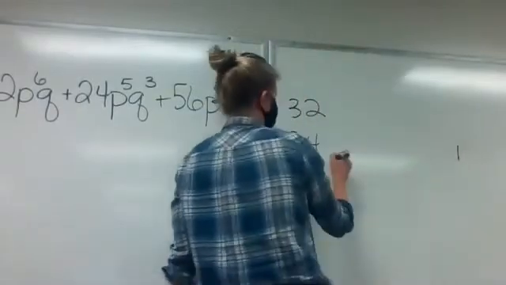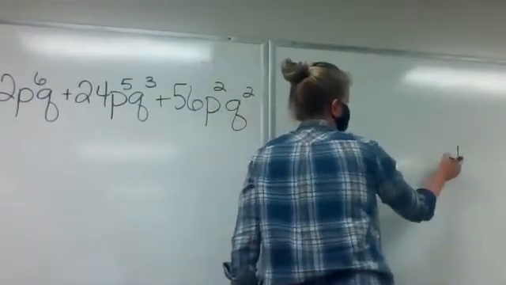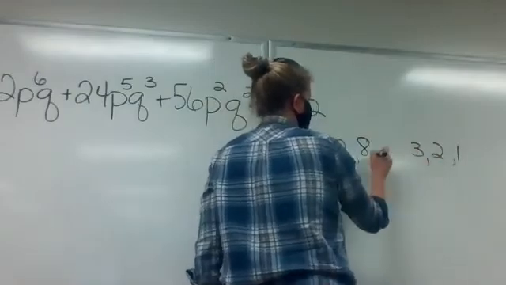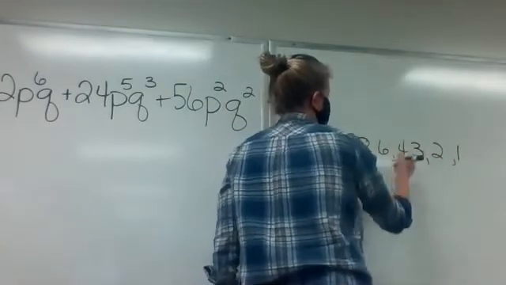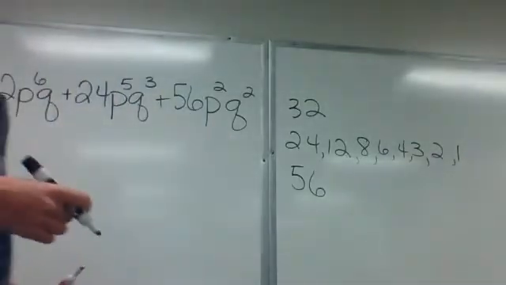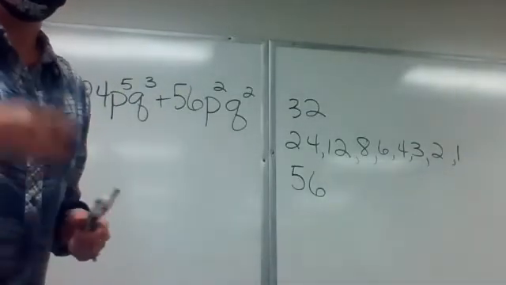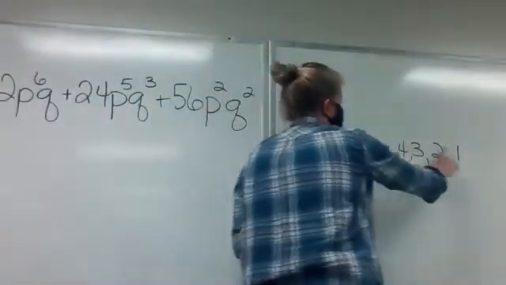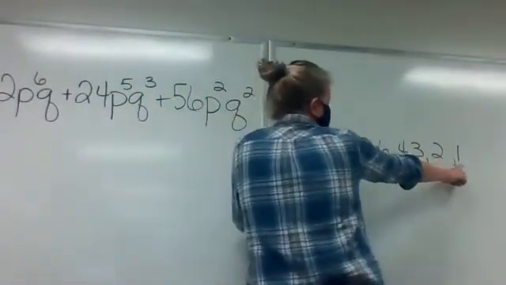24 times 1, 12 times 2, 8 times 3, and 6 times 4. All those numbers go into 24, right? It's got a bunch. Here's the reason I did them this way: I numbered them from biggest to smallest by making their factor pairs.